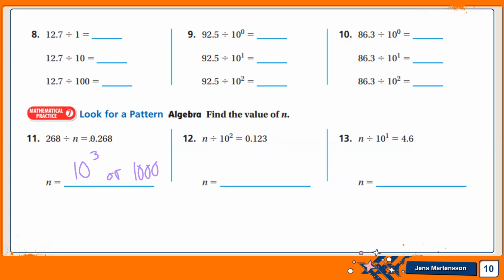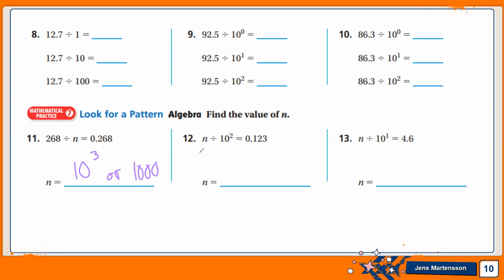Number 12. Dina. N divided by 10 squared is 0.123. So now what do you have to do here? They told me that you move the decimal point 2 digits to the left.